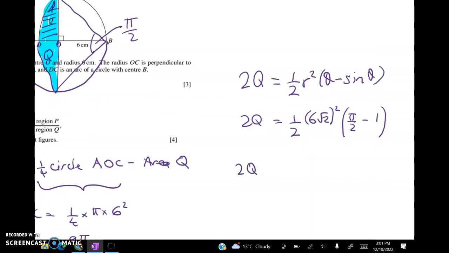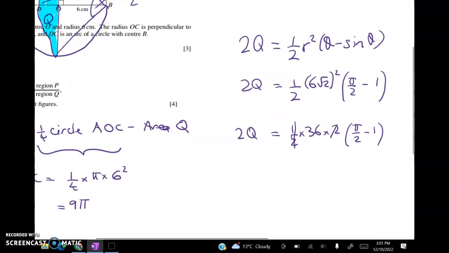So that gives me 2Q is equal to a half times 36 times 2 times (pi on 2 take away 1). So 2Q is equal to 18 pi minus 36. So Q is equal to 9 pi, take away 18.